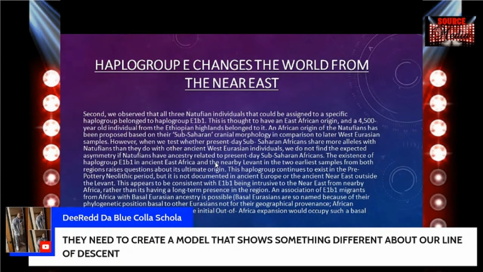An association of EP2 migrants from Africa with basal Eurasian ancestry is possible. Let me say that one more time. An association of EP2 migrants from Africa with basal Eurasian ancestry is possible.